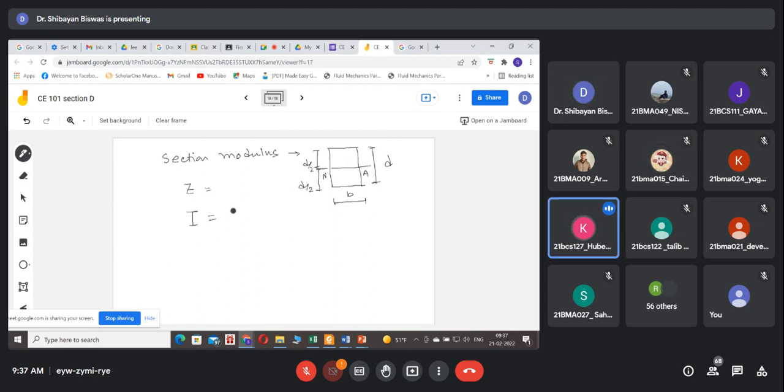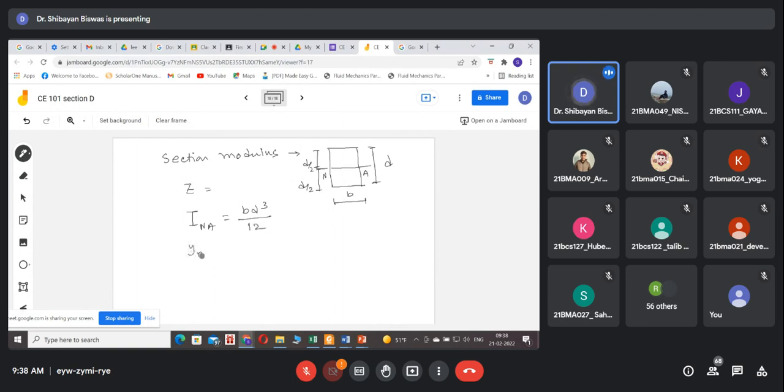Yes, centroidal x-axis, because if we were talking about the bottom section, then it would have been BD cube by 3. Very good. But as we are talking about the centroidal axis and the NA, it is BD cube by 12.